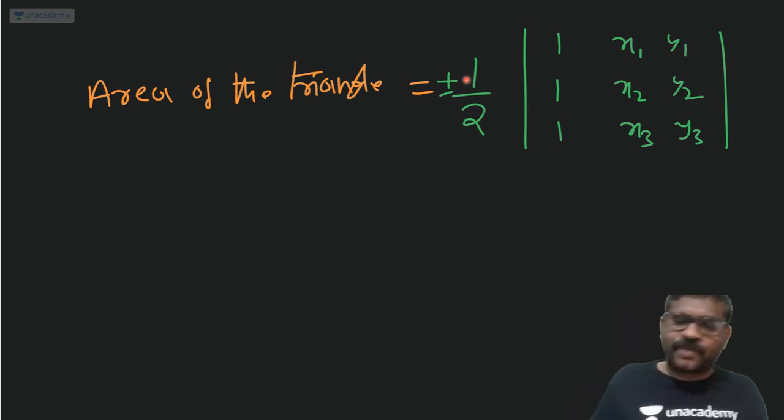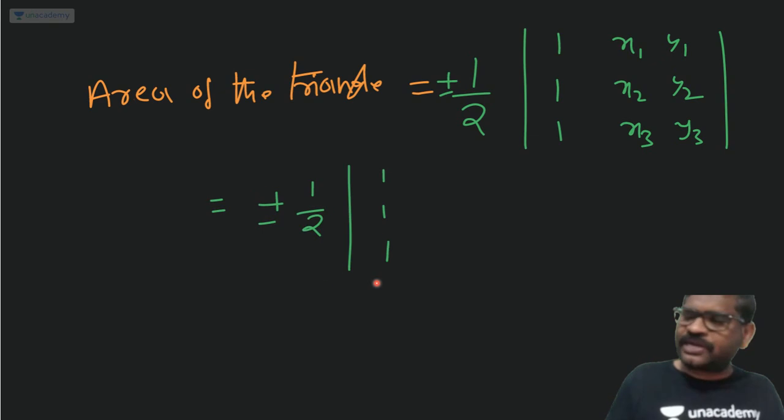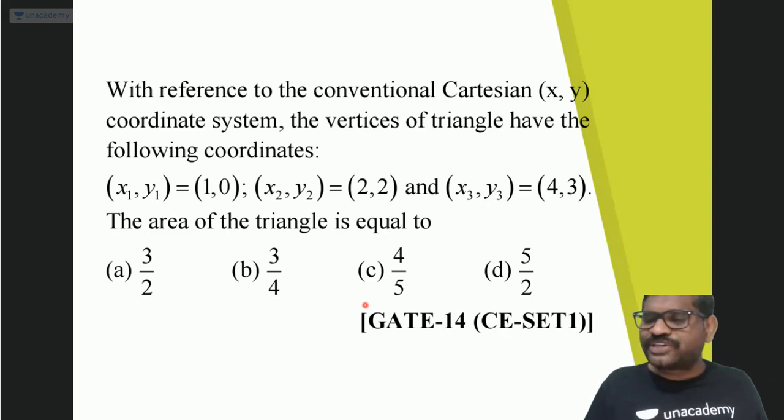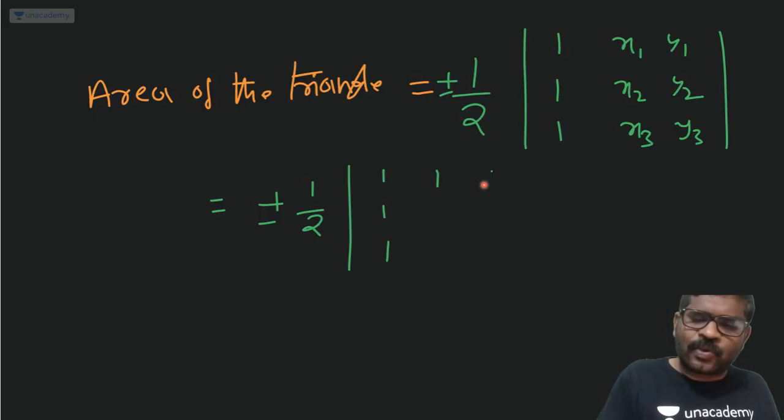Now plus or minus 1 by 2 of the determinant 1 1 1, 1 0 2, 2 4 3. We cannot put mod outside, man. Mod will be inside only.